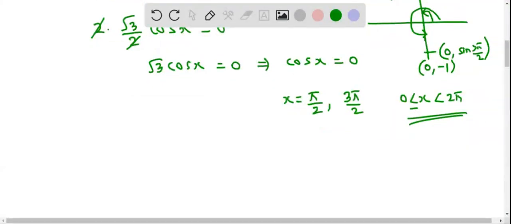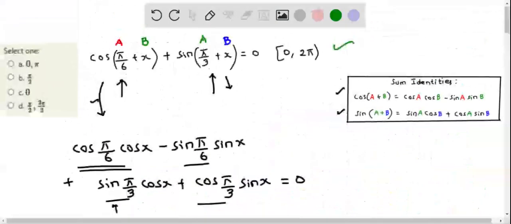So in this interval, we only have two values for x, that is x equal to pi by 2, 3 pi by 2. The cosine x is 0, and this means we can choose this option D, which is correct for this question.